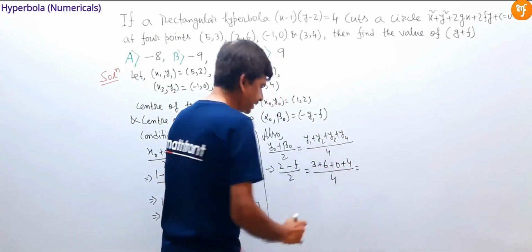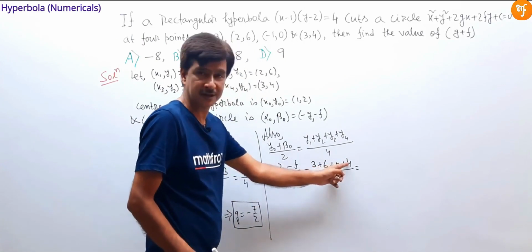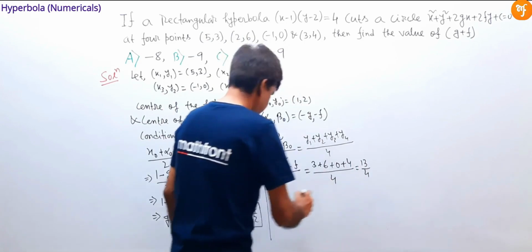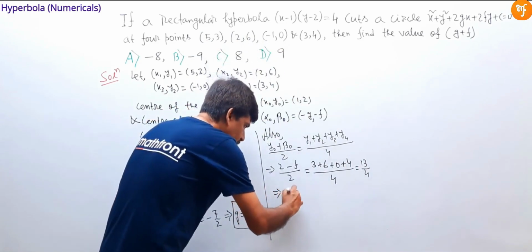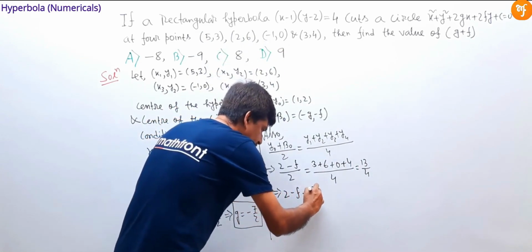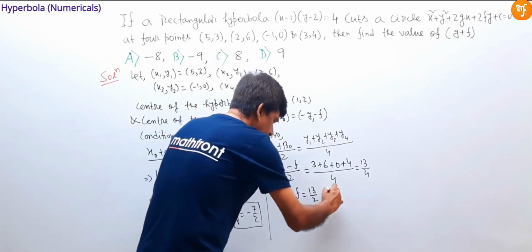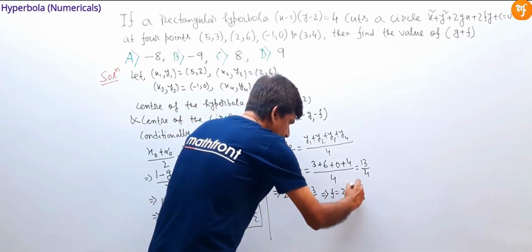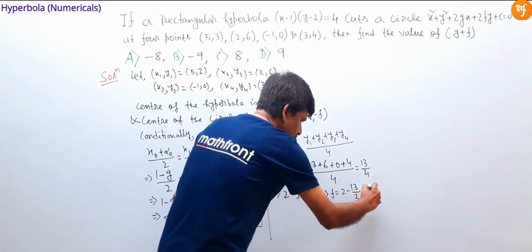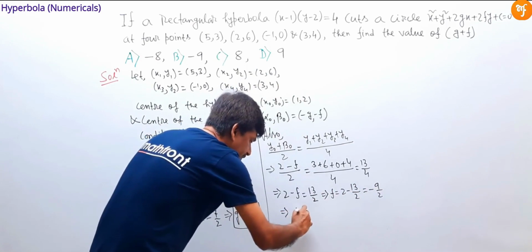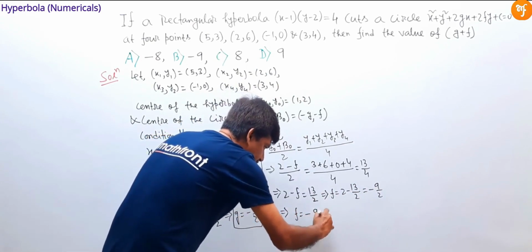If we simplify this, 6 plus 4 is 10, 10 plus 3 is 13, so 13 by 4. Okay, so we can say 2 minus f is equal to 13 by 2. So from here we get f is equal to 2 minus 13 by 2, that is equal to minus 9 by 2. So we get the value of f as minus 9 by 2.